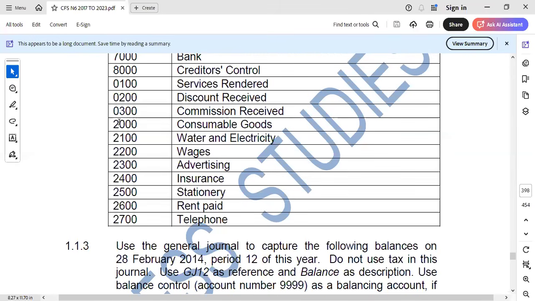So now they are saying the 2001, which is our consumable goods, water, wages, advertising, insurance, stationery, rent, and telephone. All these are our expenses. So they will fall under expenses. So let us do them.